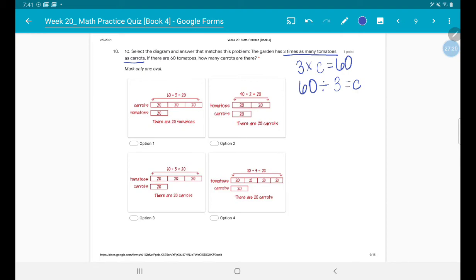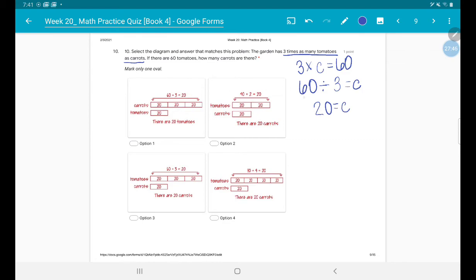And I know that 6 divided by 3 is going to be equal to 2. And I would have a 0 at the end. So there's going to be 20 carrots. So now I need to find which one of the models matches. So here in this first problem option, I have 60 divided by 3 equals 20.